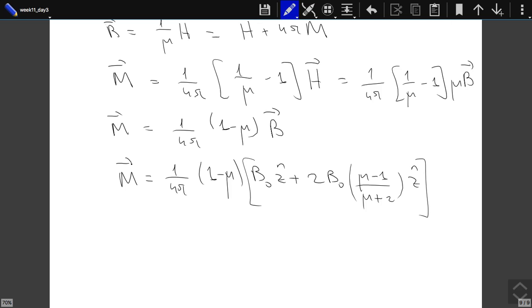Most of the time, for example in this problem, there are no free currents, so that simplifies our calculations because we can define a scalar potential. Otherwise, we wouldn't be able to define a scalar potential if there are currents running in our system. So we could define this scalar potential, and then just after that point, it's exactly equal to the case of electrostatics. The only difference is that the boundary conditions will be slightly different.